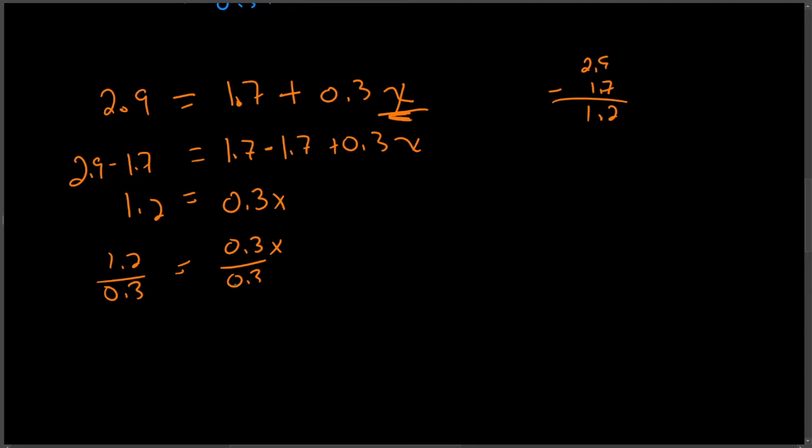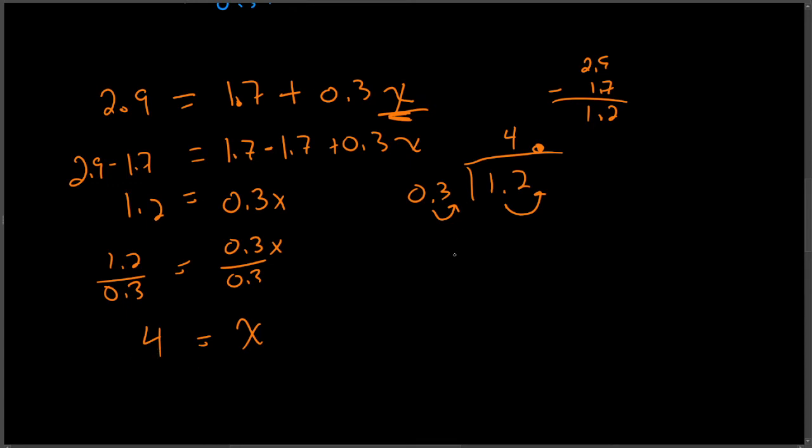And so that leaves me with x equals, and I have to come over here and divide 1.2 by 0.3. So I move my decimal place over, and I move my decimal place over. I have to move this 1, and this needs to match it. 3 goes into 12 4 times. And so my unknown quantity is 4.